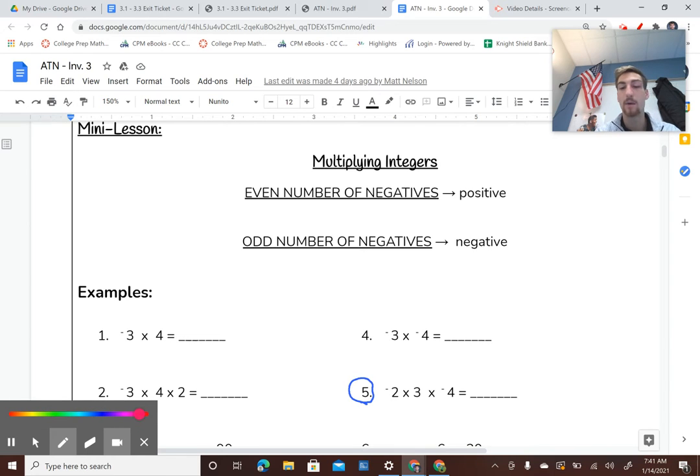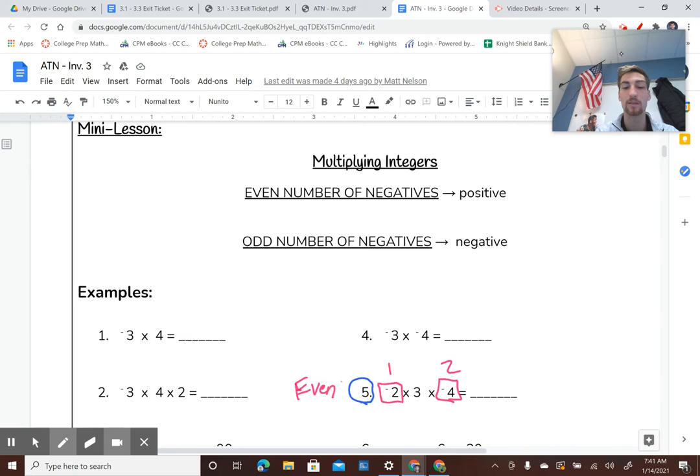All right, now we're back. So let's take a look at how many odd or even numbers we have. Let's see, we have 1, 2 negative numbers. So since we have 1, 2 negative numbers, we have an even number of negative numbers in our problem.